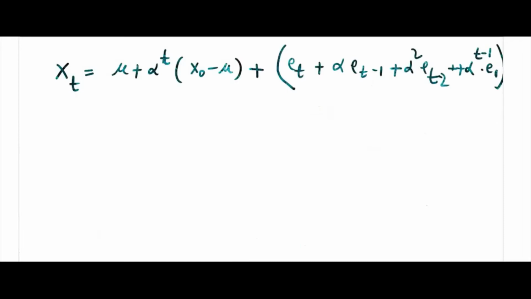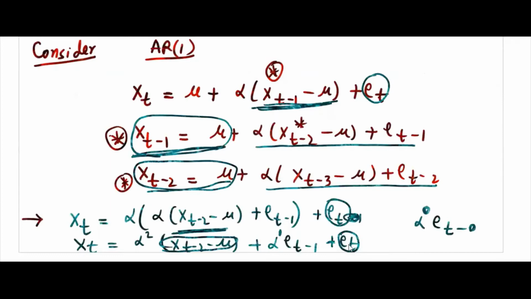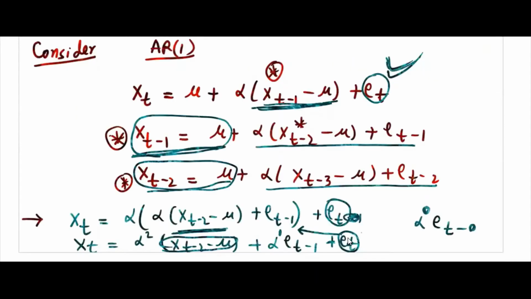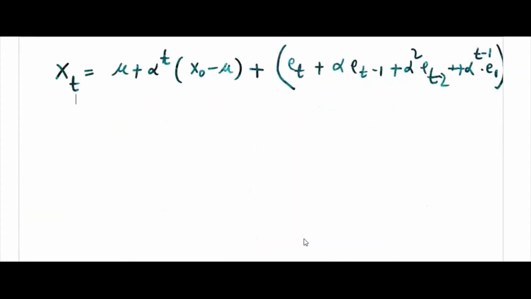Check here. Because this is our first term, we are going this way. We have started from e_t. Why have we started from e_t? Because this will be the last term. See, this will not change. So if you start from this one, the error term, and continue this way, you will reach here. That is what you need to remember.